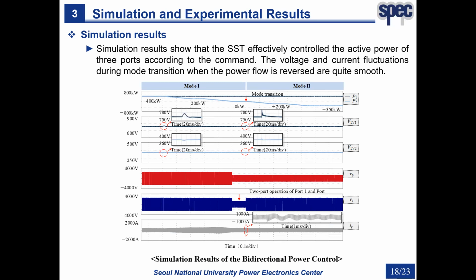The transfer power of 3 ports is still well regulated, and the voltage and current fluctuations during mode transition when the power flow is reversed are quite smooth. This proves the effectiveness of the power control.